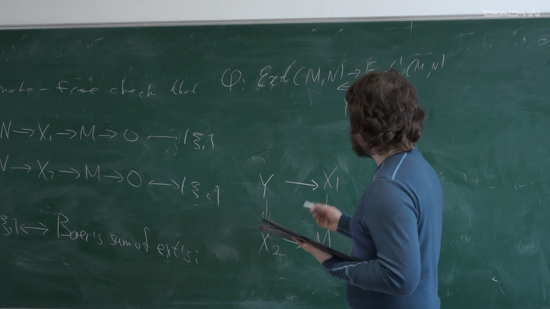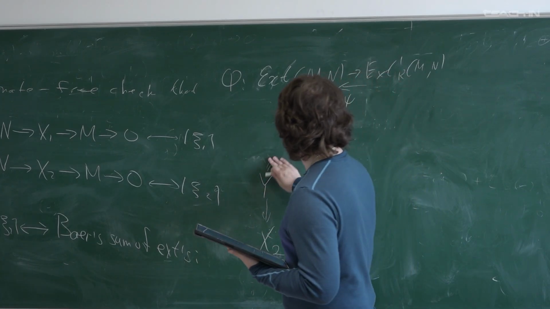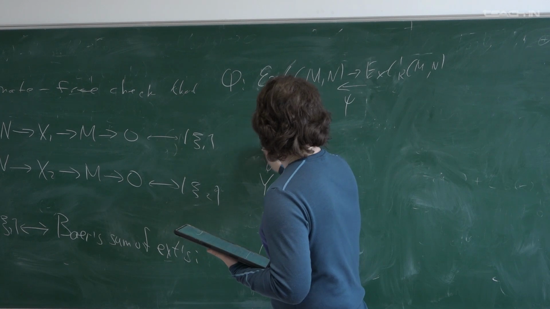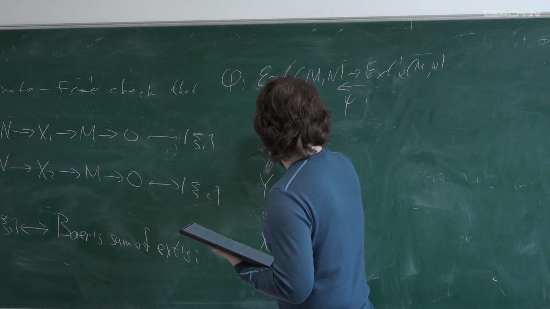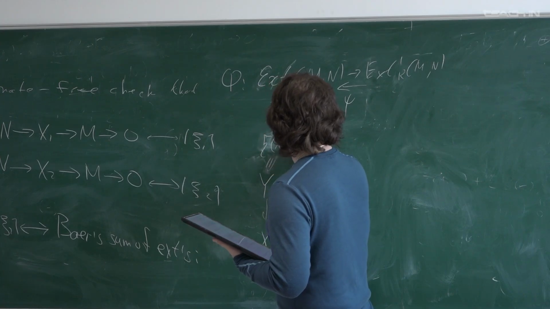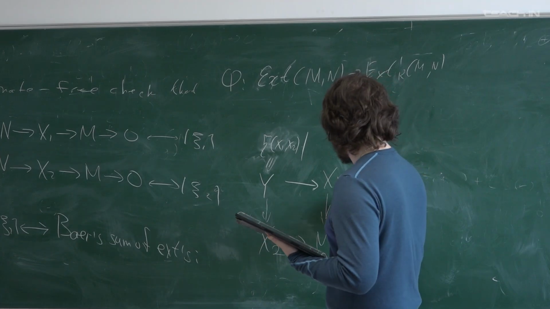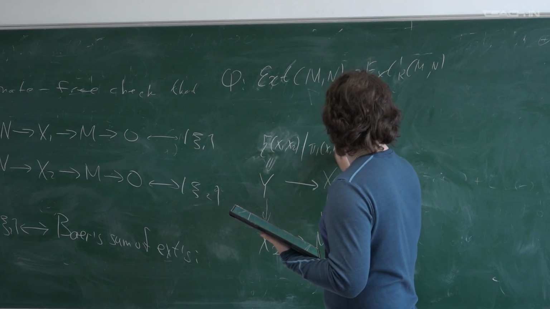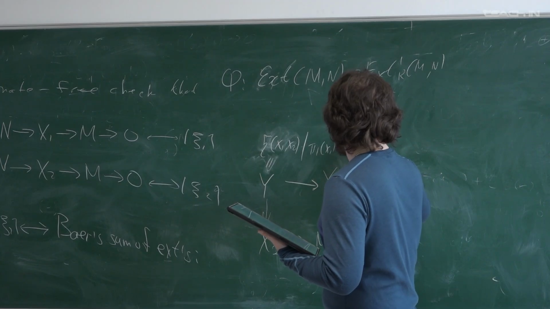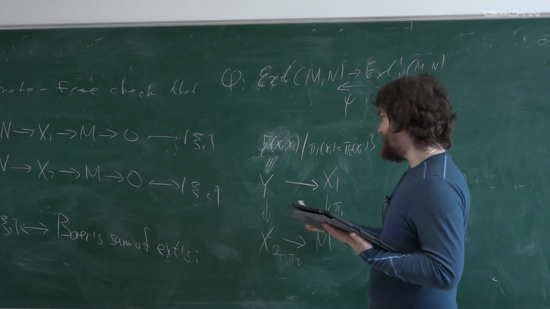It's just a submodule of the direct sum: pairs (x1, x2) which go to the same element in M under pi 1 and pi 2. Also we have projections to x1 and x2, and the square is commutative.